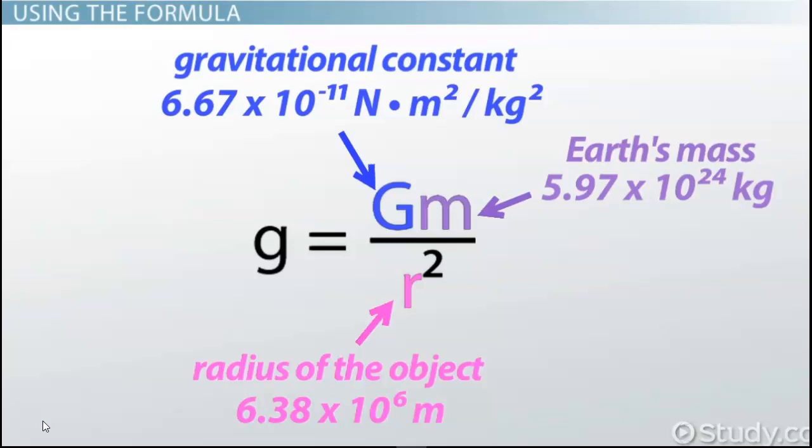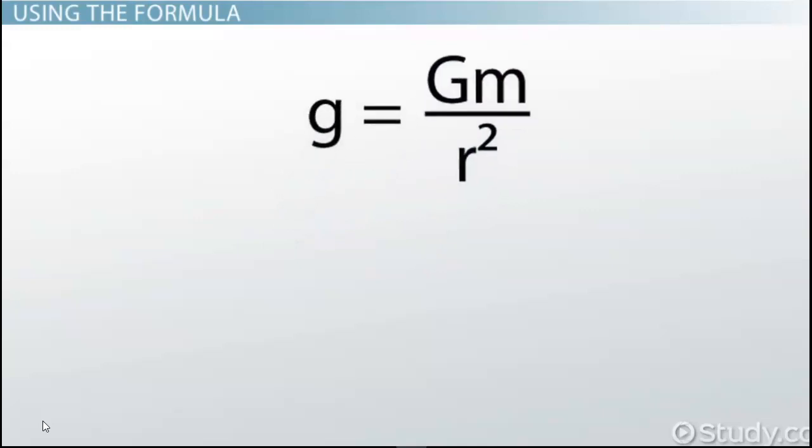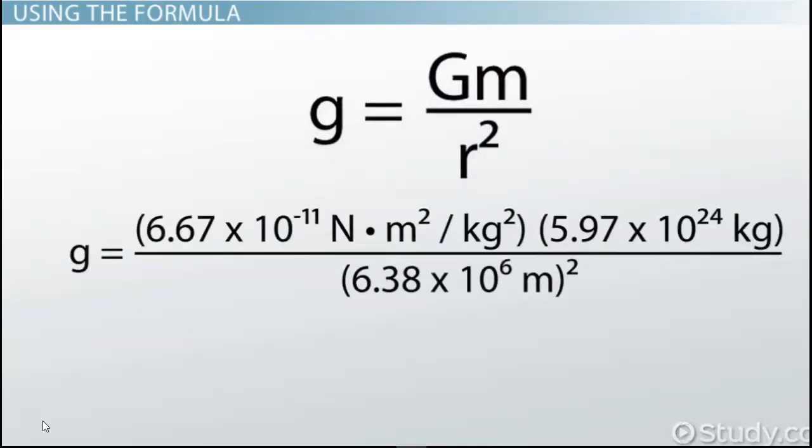Let's evaluate it and get our answer. Using the equation g equals GM over r squared and plugging in our values, 6.67 times 10 to the negative 11th power newtons m squared per kilogram squared, all times 5.97 times 10 to the 24th power kilograms, with all of that divided by 6.38 times 10 to the 6th power meters squared.